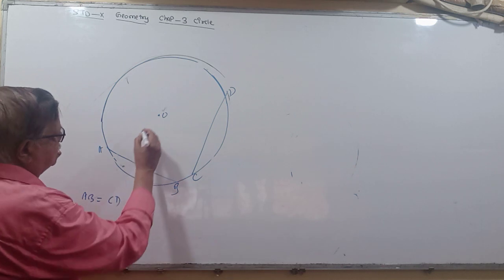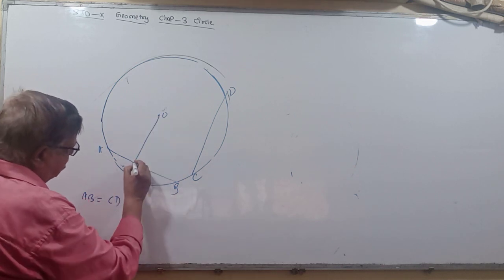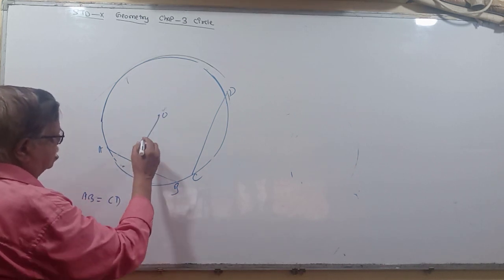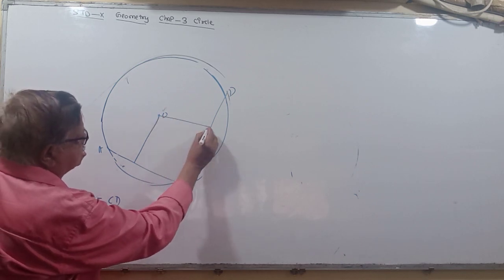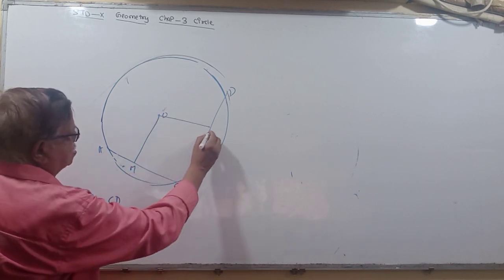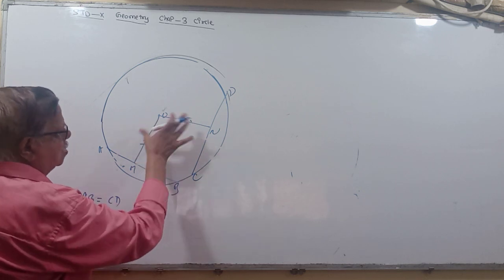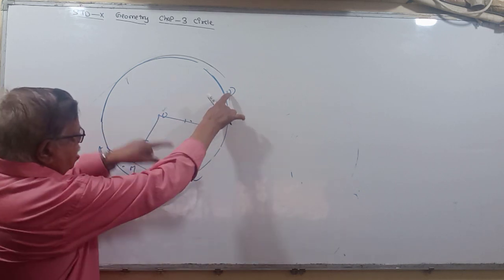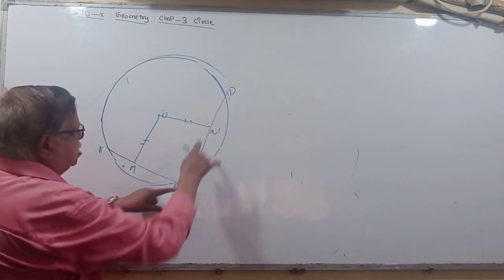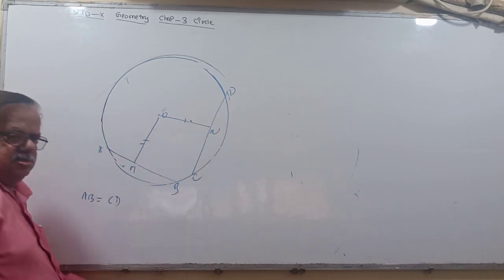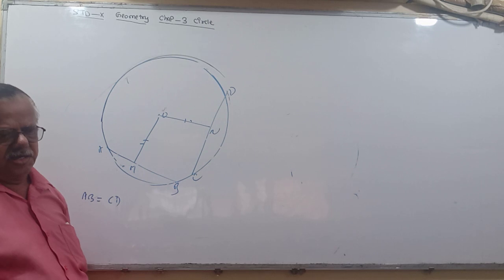How will you get the distance? Distance is always perpendicular. Suppose this is M and this is N. If the chords are congruent, AB equals CD, then OM equals ON. This is one theorem we studied in the 9th standard.